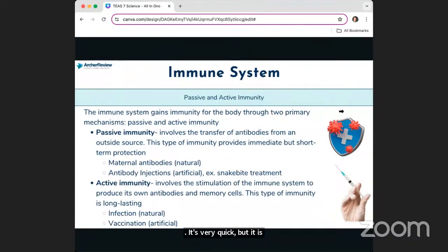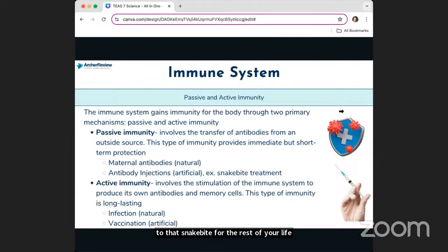For example, a baby in the mother's uterus receives antibodies passed from the mom. But once the baby is out of the womb, eventually it will no longer carry those antibodies for long. Another example: say you get a snake bite and you get some sort of antibody injection. It's immediate and helps reduce the effects of the snake bite, but it's short-term protection. You don't have immunity to that snake bite for the rest of your life.